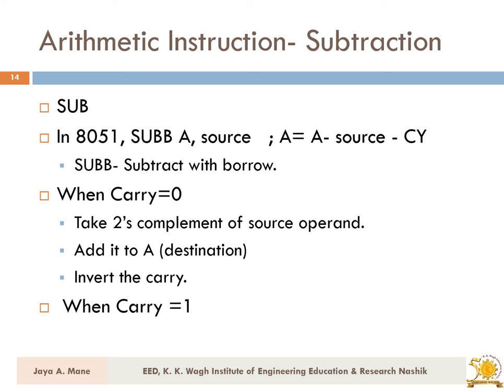We are taking the 2's complement of the number 2 and adding it to 5, and then inverting the carry, depending on whether carry is generated or not. If it is 0, it becomes 1. If it is 1, it becomes 0. That is what inverting the carry means. This is how subtraction is done.